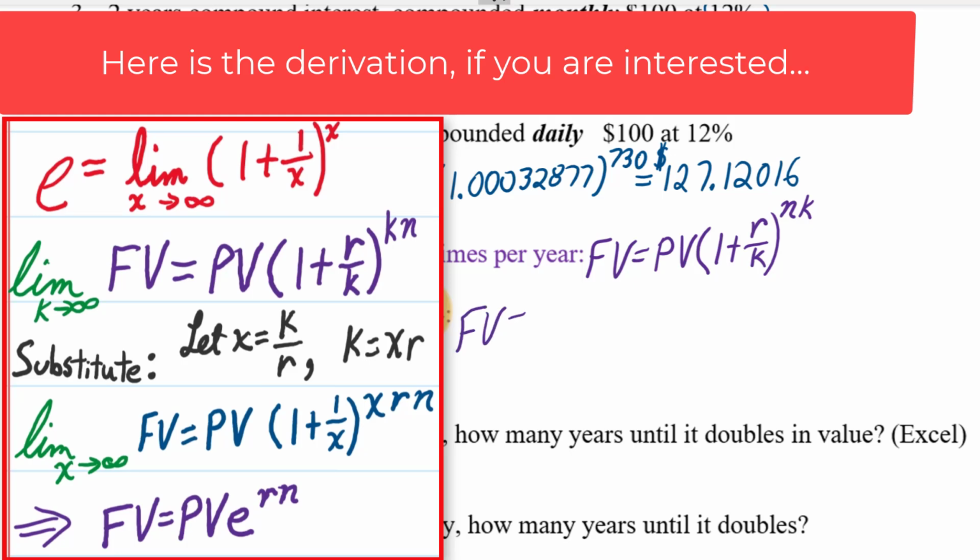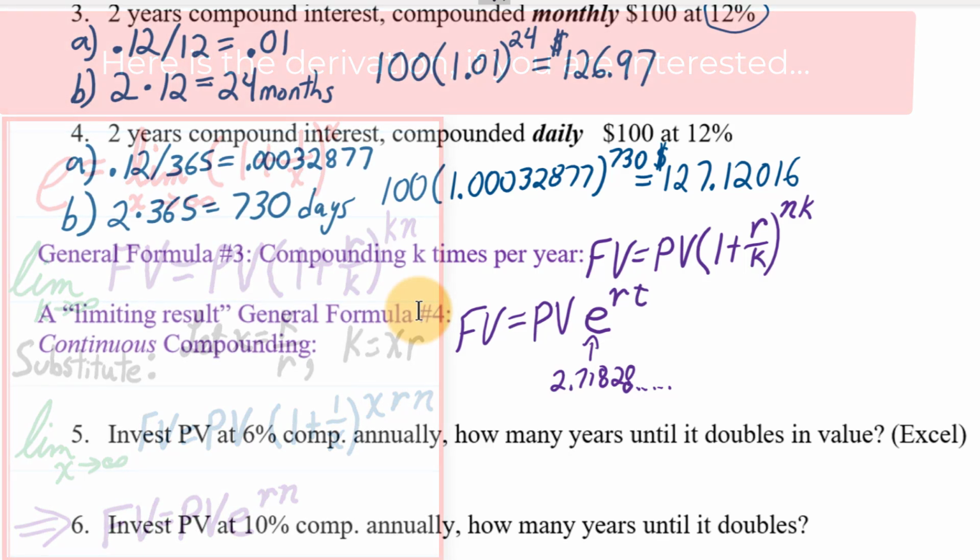Future value equals our present value times e, that base of the natural logarithm. Again, it's roughly 2.71828... And we raise that to the interest rate times how many years we want it to compound.